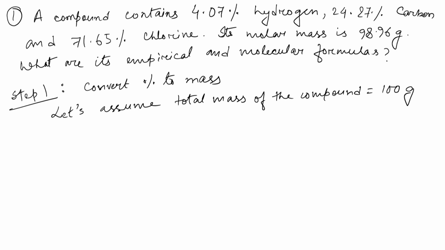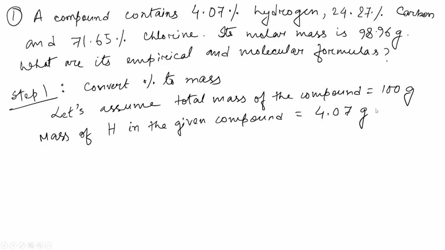Okay. So, mass of hydrogen in the given compound is equal to 4.07 gram, right? Mass of carbon in the given compound is equal to 24.27 grams.